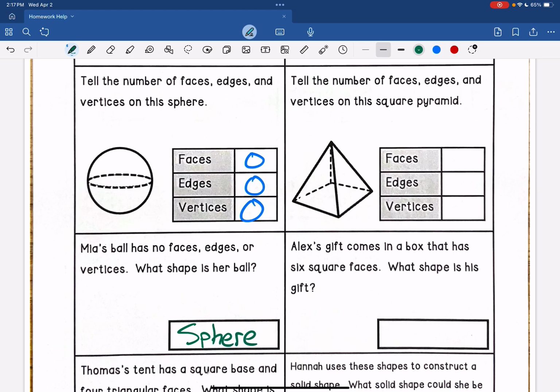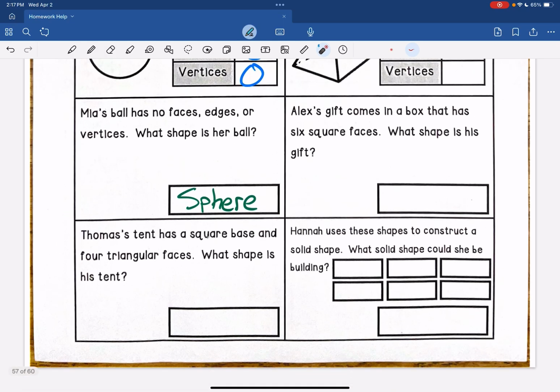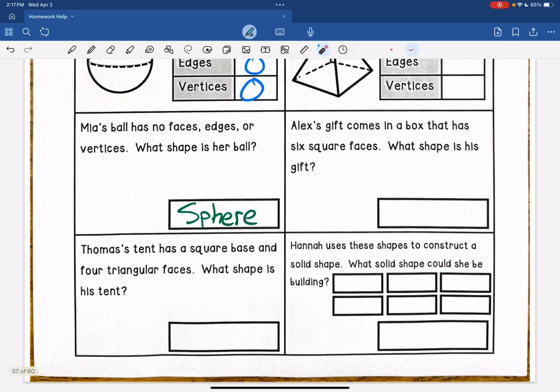sphere. All right. So then this next one, you're going to look at the clues they give you and then write in the shape that it is. Same, read the clues, write in the shape. And then the last one, Hannah uses these shapes to construct a solid shape. What solid shape could she be building? If these are the pieces she's putting together to make a shape, I'm sorry, this is your answer box.